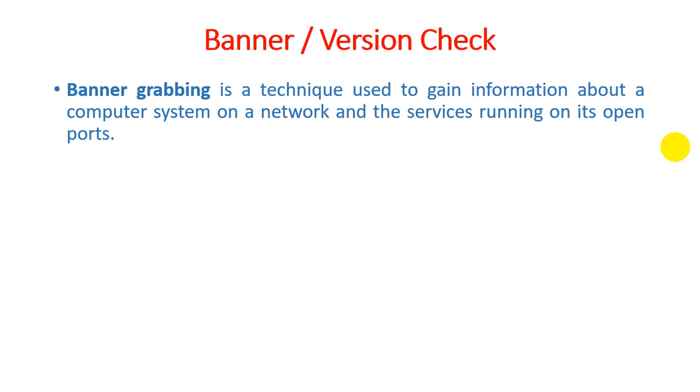Banner grabbing is a technique used to gain information about a computer system on a network and the services running on its open ports. As previously discussed, it provides information about a computer system as well as the different services working on open ports within it. That is banner grabbing.